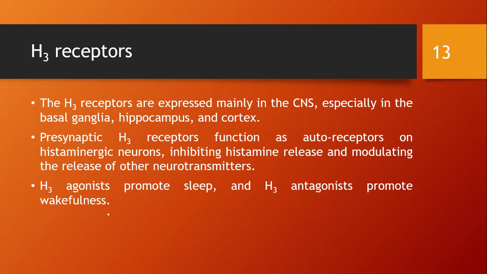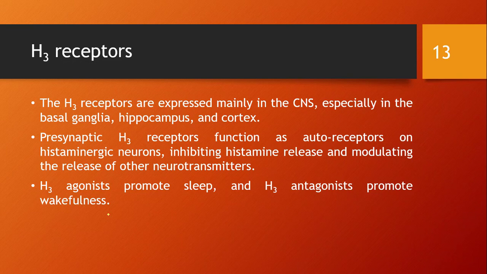H3 agonists promote sleep, and H3 antagonists promote wakefulness. So understand this, the H3 receptors are associated with the sleep and wakefulness cycle.